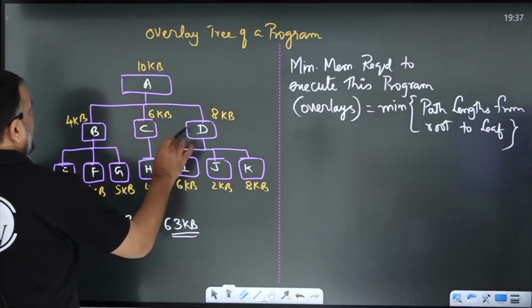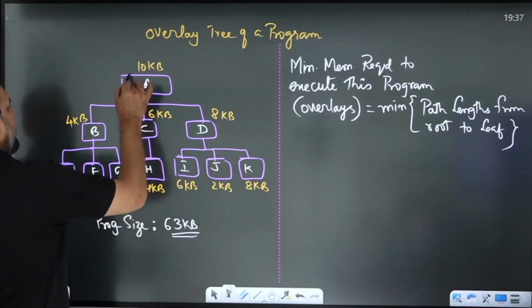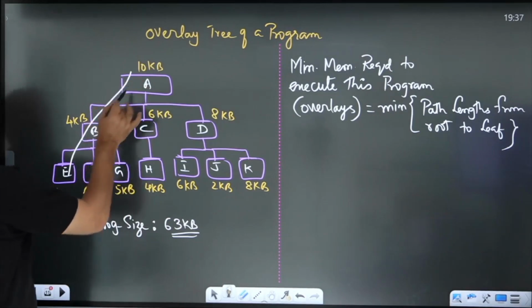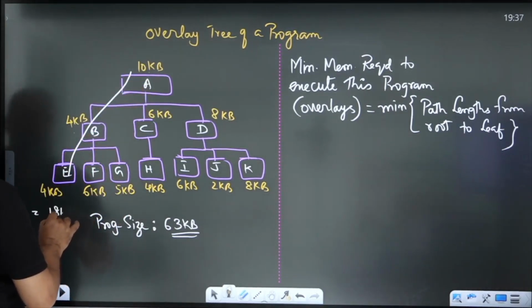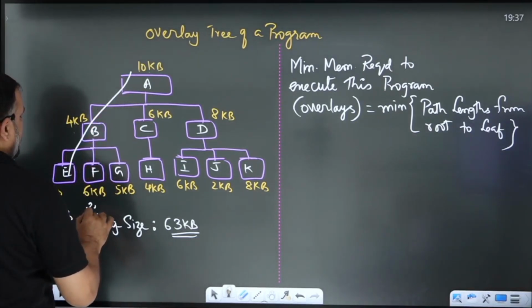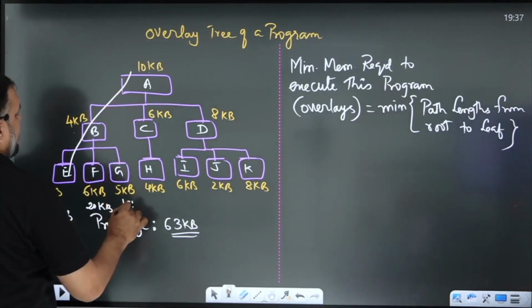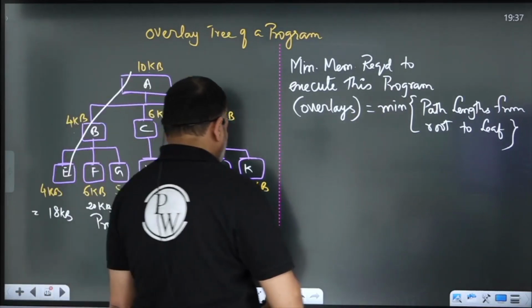These modules are independent: B, C, D, E, F, G, H, I, J, K. This is dependent. So to execute this line, I need 10 plus 4 plus 4, that is 18K. To execute this, 6 plus 4, 10, 10 plus 20, 20K. 5 plus 4, 9, 19K. Like that, I have to calculate all and take the maximum. Sorry, here I have written minimum, but it is maximum.